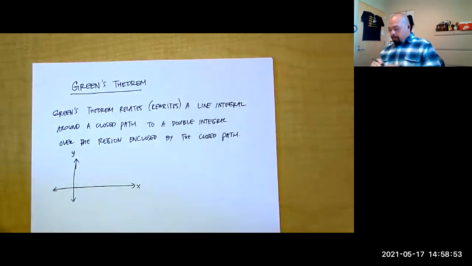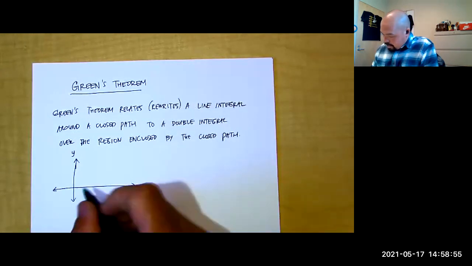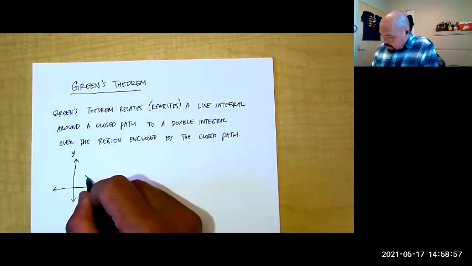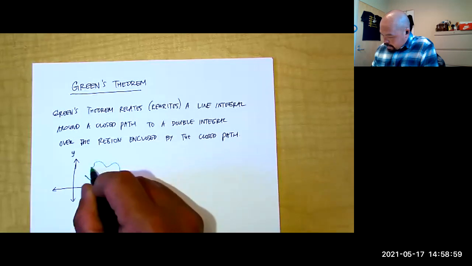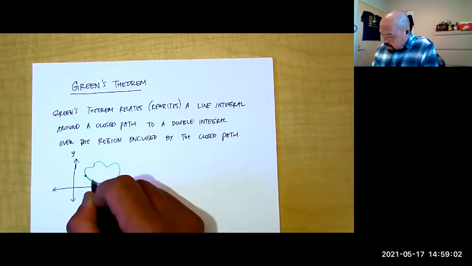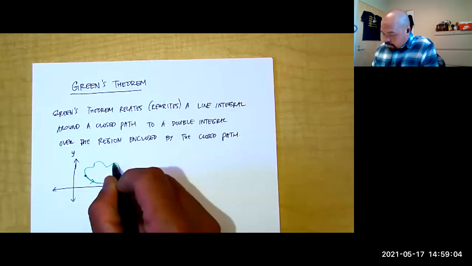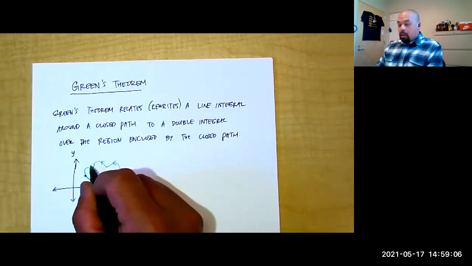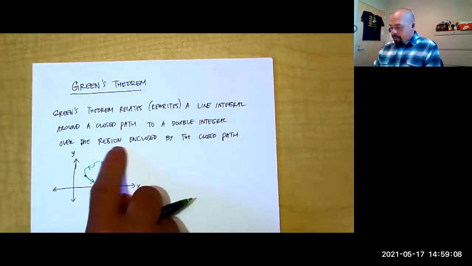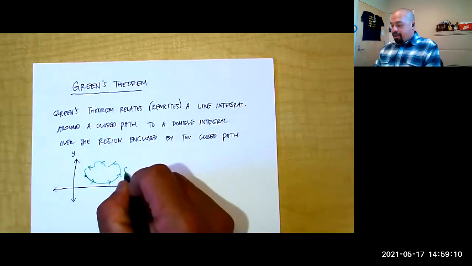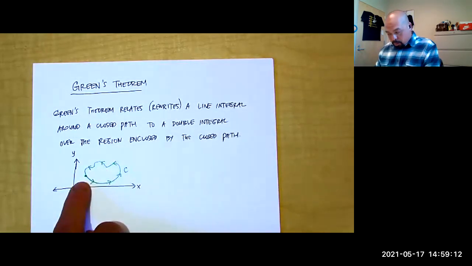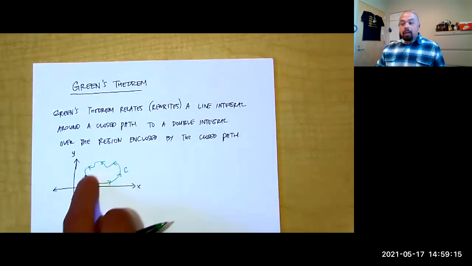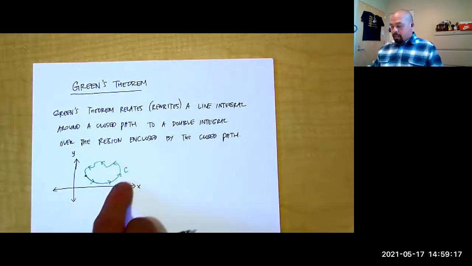All right, but suppose we have some path, C, and we say this is oriented positively, going around that curve, that path, the initial point and terminal point the same, going in the counterclockwise direction.